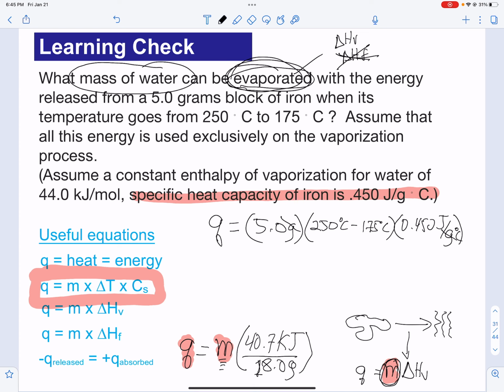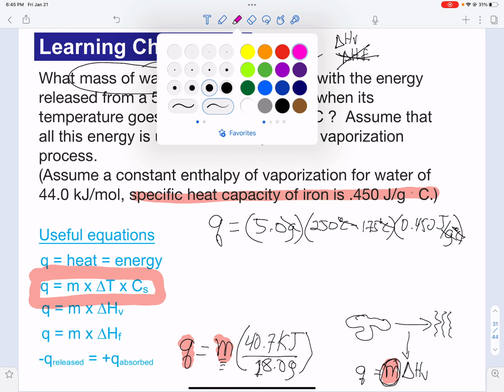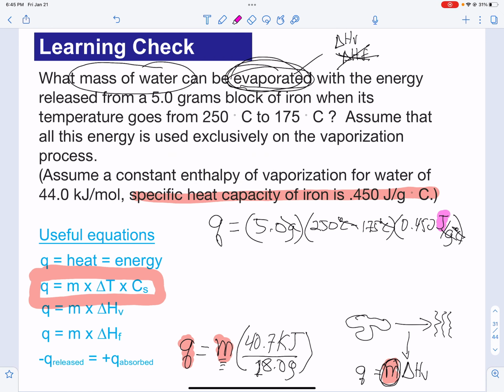Degree Celsius. The degrees Celsius are going to cancel, and the only remaining unit is going to be a unit of energy, which is right, because that's what I'm looking for, energy.